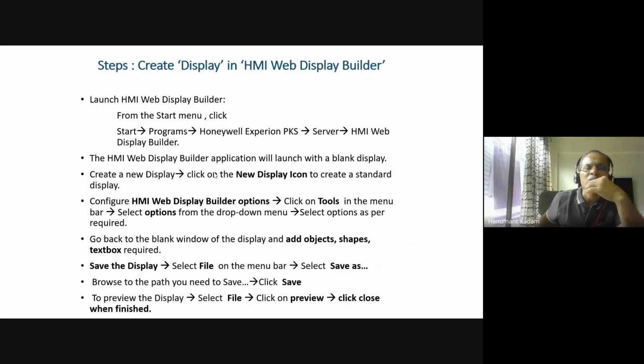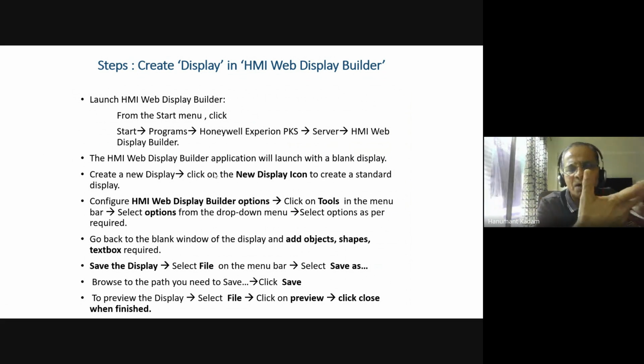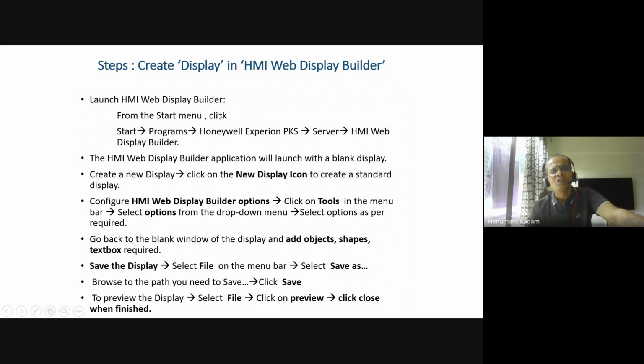Now I will explain how to create a display, and the name of that tool is the HMI Web Display Builder, like Control Builder for engineering creation of the module, Display Builder. So the software tool is HMI Web Display Builder.